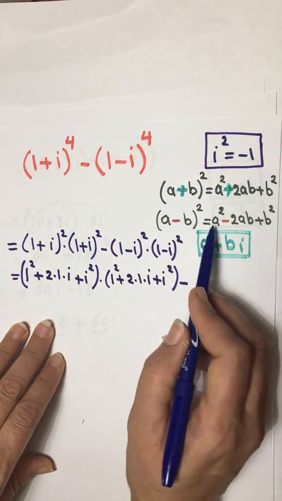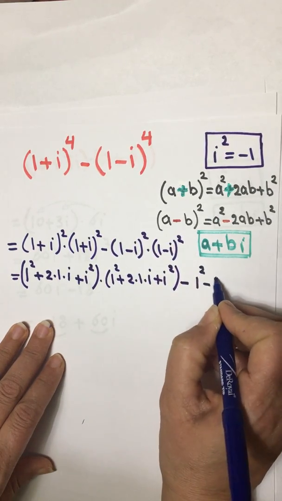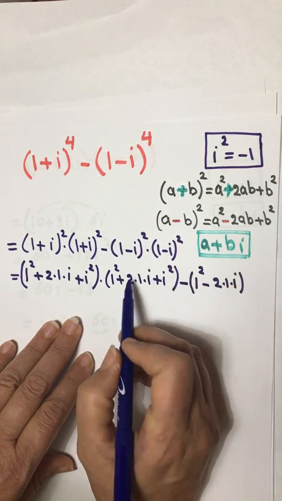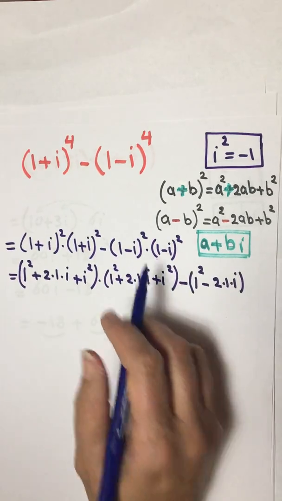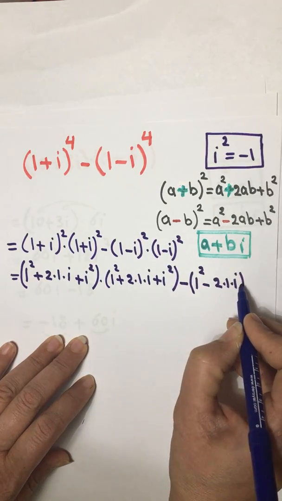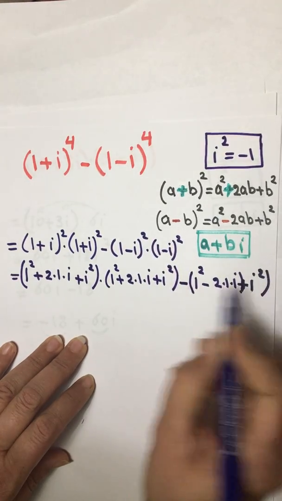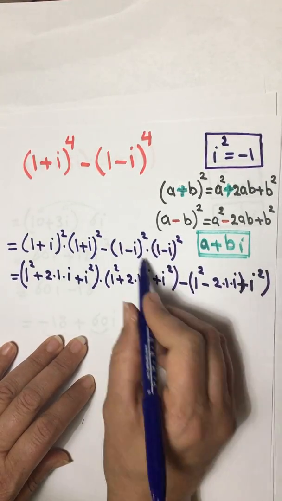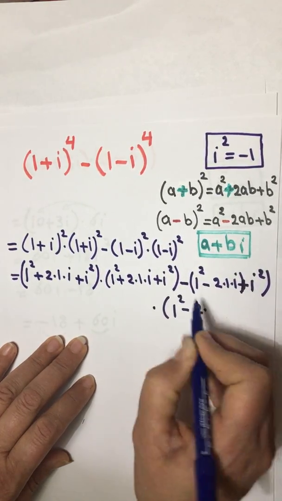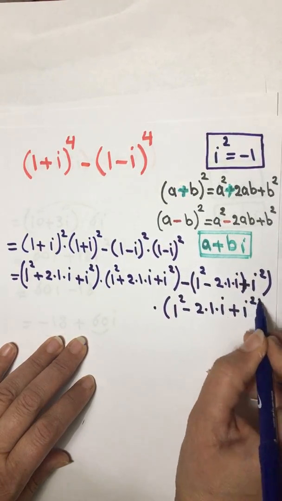I have negative now, so this is going to be 1 squared minus 2 times 1 times I plus I squared. This is the first parentheses times the second parentheses, going to be the same: 1 squared minus 2 times 1 times I plus I squared.